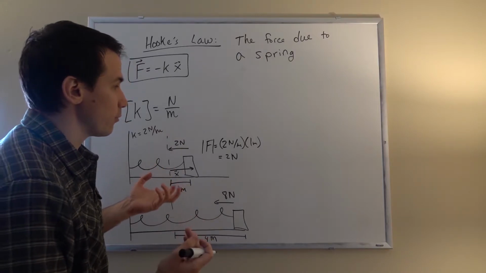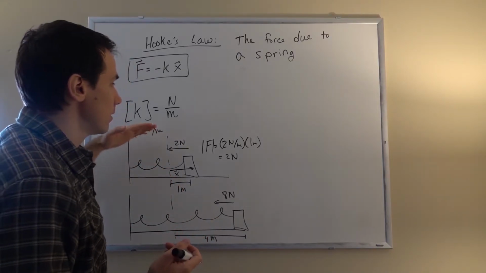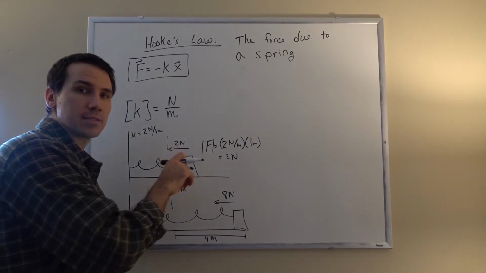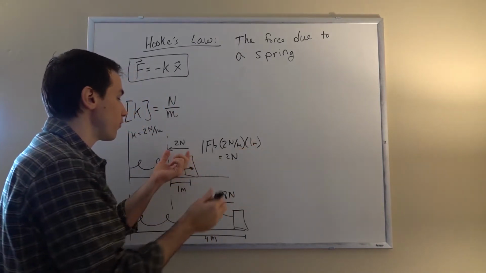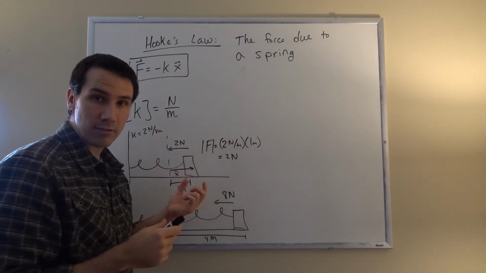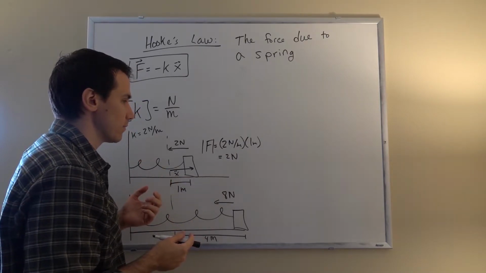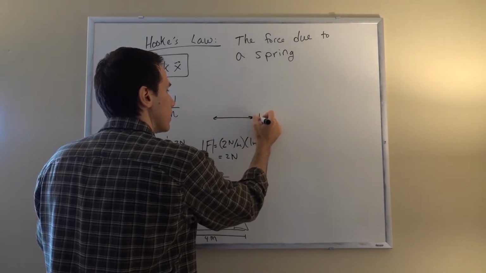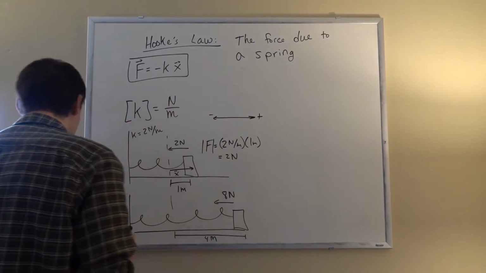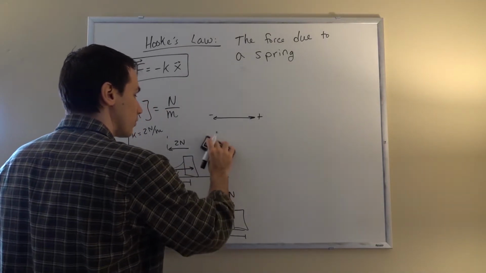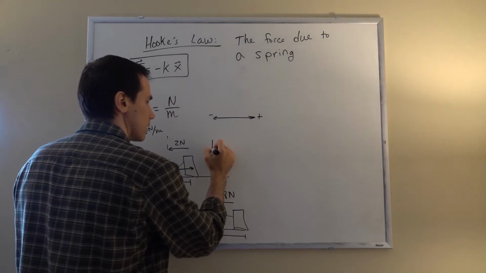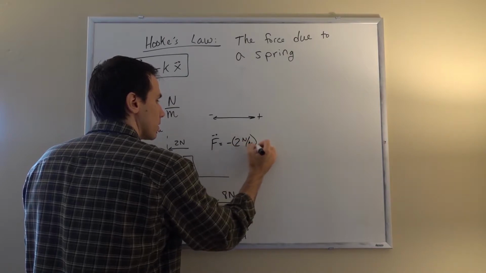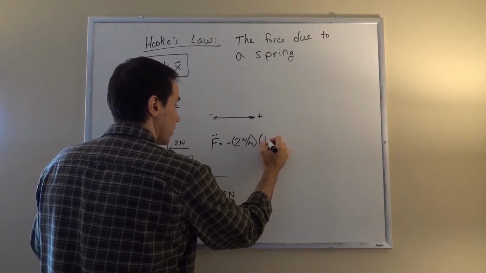And I could set up, for example, a coordinate system where to the right is positive, then my x vector would be positive, pointing in the positive direction, and my force vector would then be negative, pointing in the negative direction, right? So if this is my positive direction and this is my negative direction, then my force vector looks like negative 2 newtons per meter, that's my spring constant, multiplied by 1 meter.